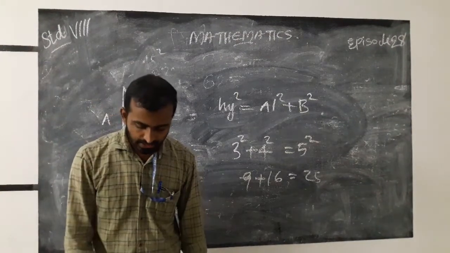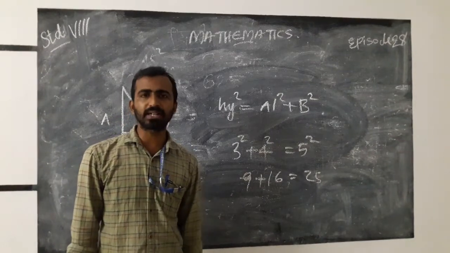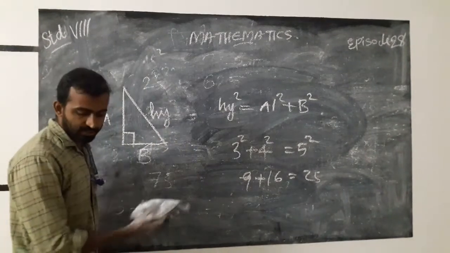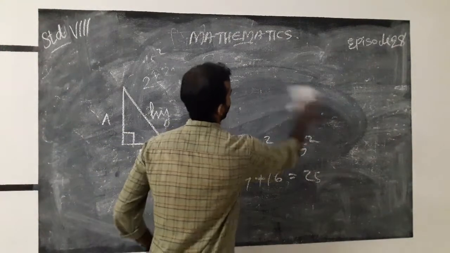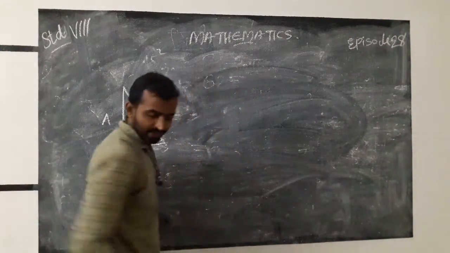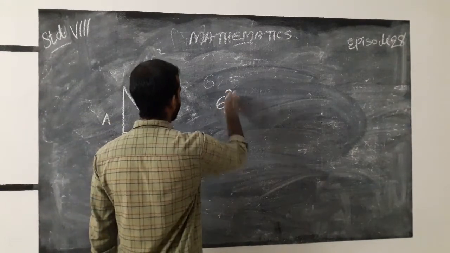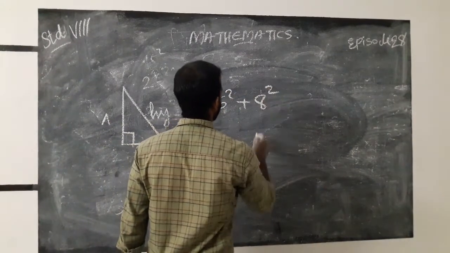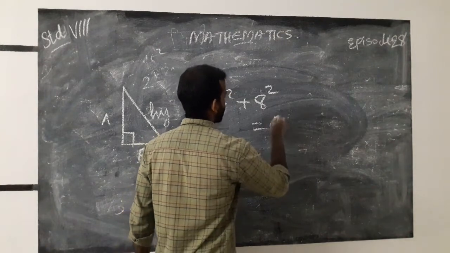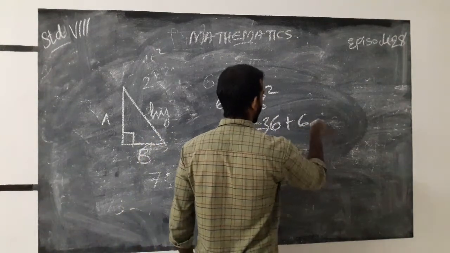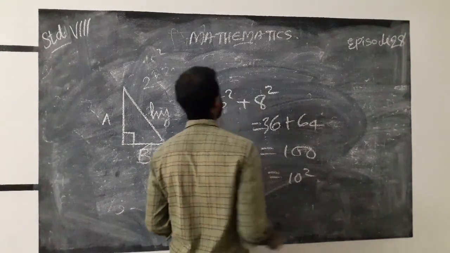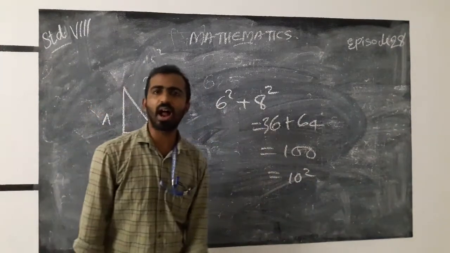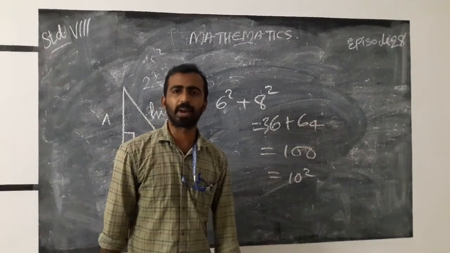And next we discuss another triplet, 6 square plus 8 square. That is 36 plus 64, we get 100. That is 10 square. That is, 6, 8, 10 are also Pythagorean triplets.